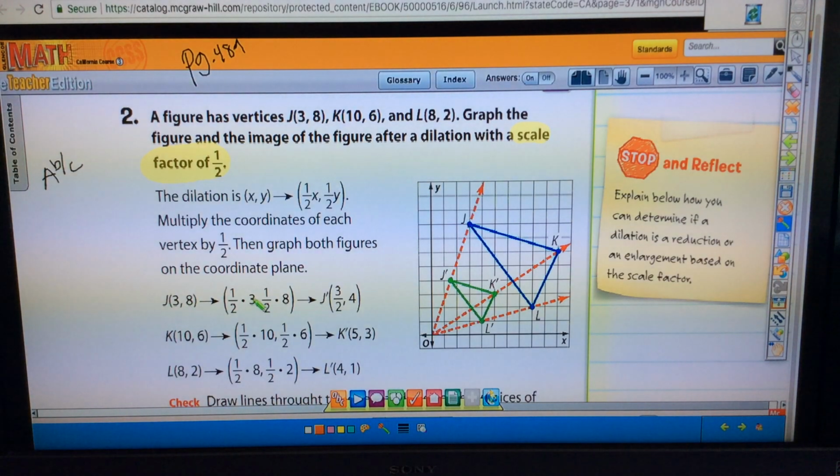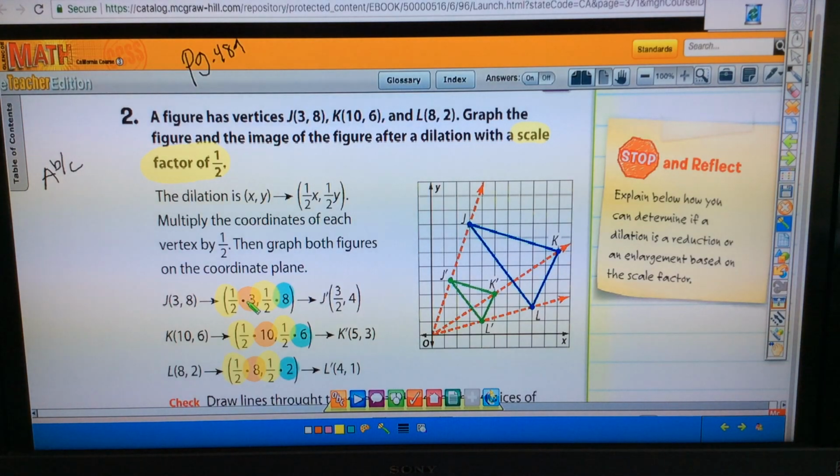So they took each of the original x and y values. So 3 comma 8, 10 comma 6, 8 comma 2. There's those 3 original x values. The original y values are 8 and 6 and 2. Each of those gets multiplied by the scale factor of 1/2. If you're multiplying by 1/2, you're essentially dividing by 2.